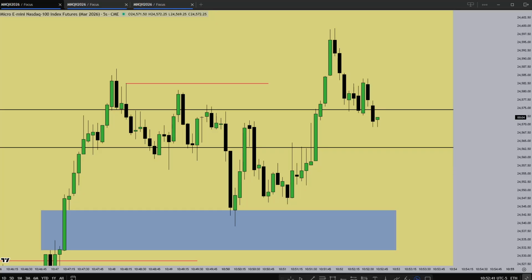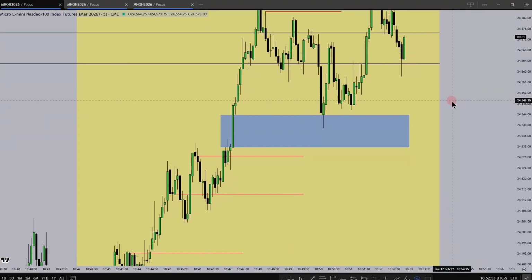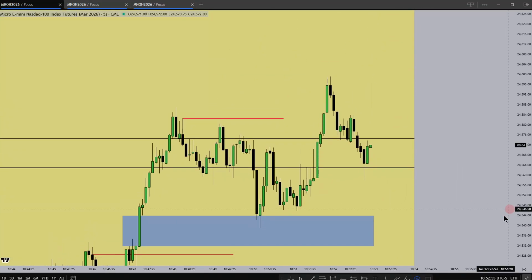Average RR is 1.8 R live. And then funded is a bit more scuffed because I'm trading it very aggressively.